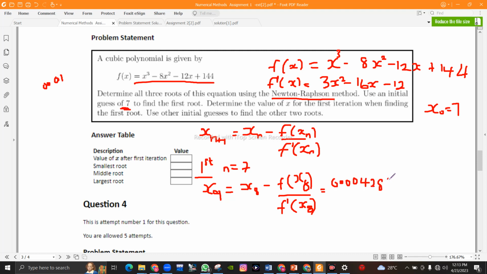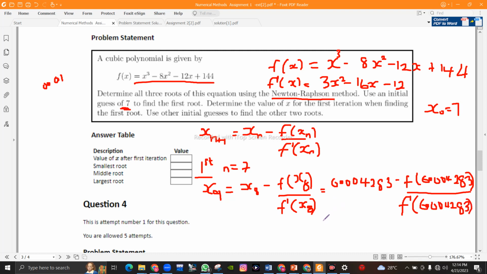6.004283 minus f of 6.004283 divided by f prime of 6.004283.